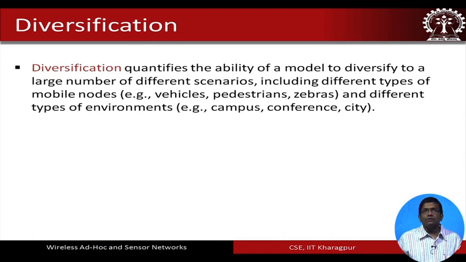Okay. So, this is basically that if the mobility model captures a particular type of scenario, whether it can be diversified and be applied and be used in other types of scenarios.